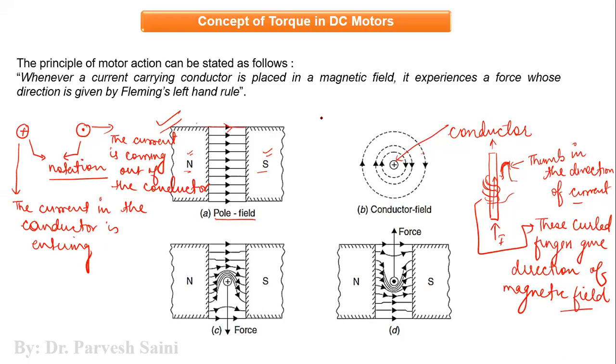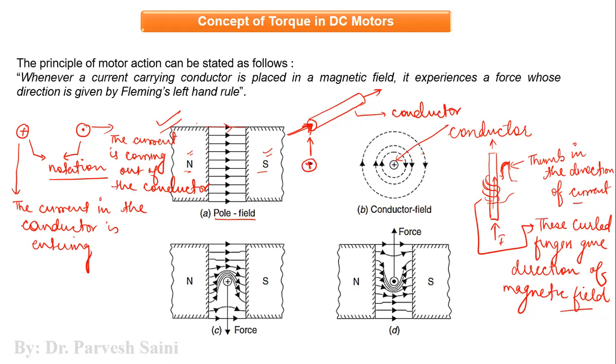So when we have a conductor which carries some current, the current may enter at one end and leave at the other. If you see this end from the front, from the plane of the paper or the screen, since the current is entering here, this end will be represented in this way.